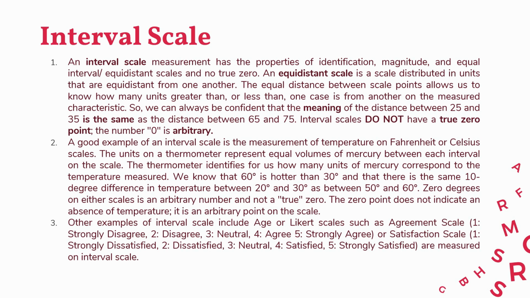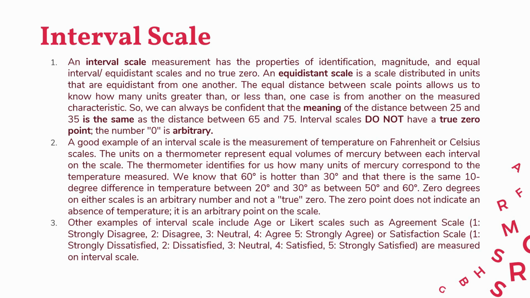Now other examples of interval scale could be age. For example, age is a variable. Now how do you classify age? In which category would age fall? Now let's find out what values age holds, because before doing your scaling you should identify what values a particular variable can hold.